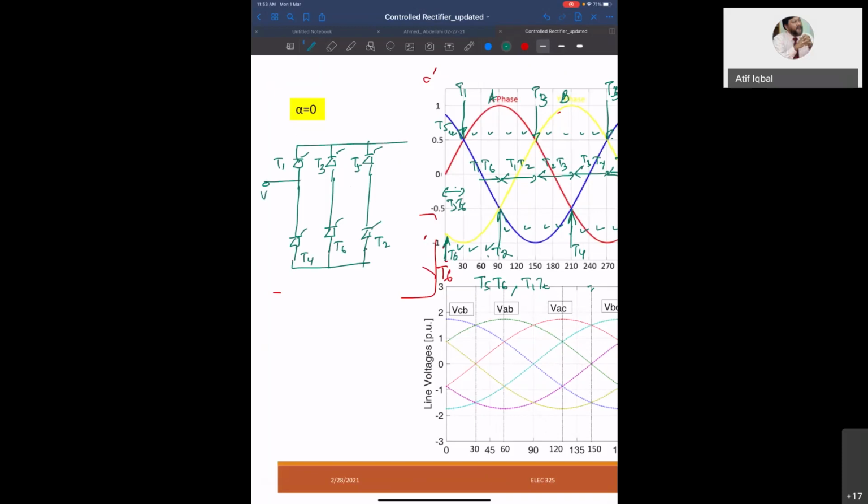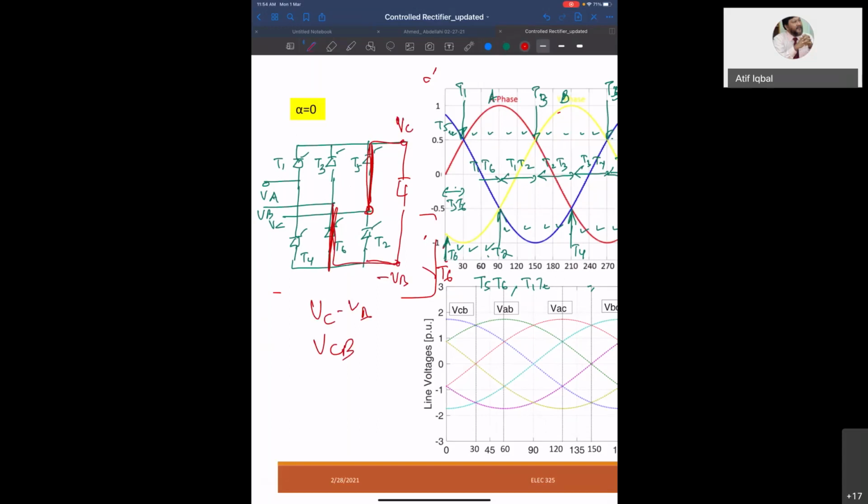And here is A, here is B, and here is C. So now T5 is operating, which means this. And T6 is operating, which means this. So what is the voltage across the load? This point will come here, this is VC. And this point will come here, minus VB. So VC minus VB, which is equal to VCB.